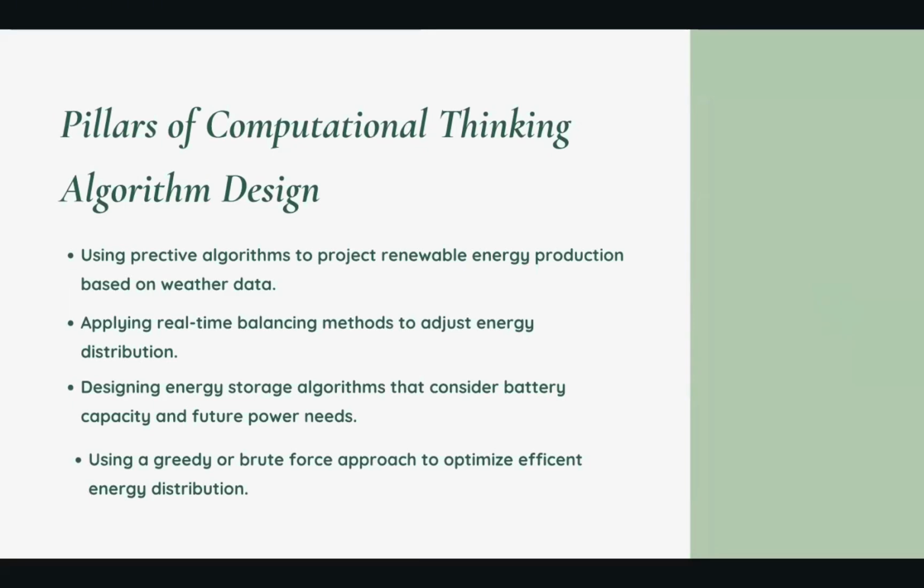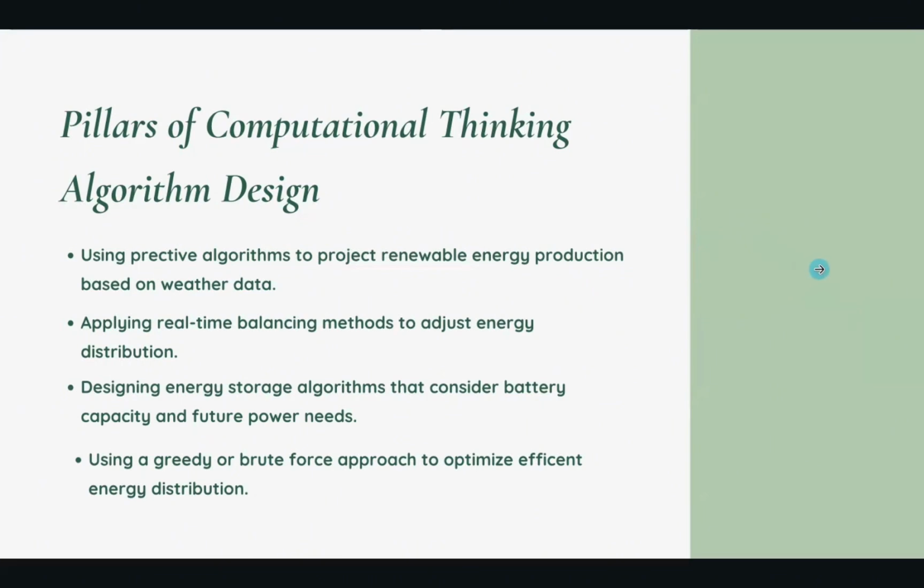So I would like to explain about the algorithm design. First, we use a predictive algorithm to project renewable energy production based on weather data. By analyzing historical patterns and real-time inputs, this algorithm helps us anticipate energy generation and optimize its usage. Second, we apply real-time balancing methods to adjust energy distribution, which can ensure that supply meets demand efficiently and prevent wastage or shortage.